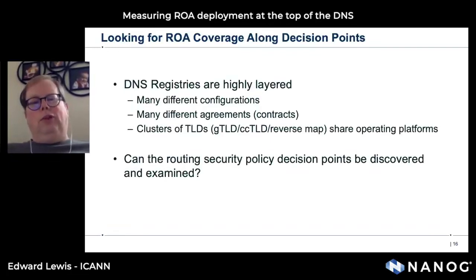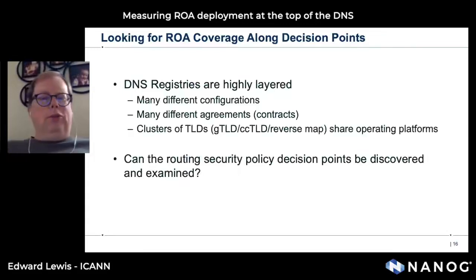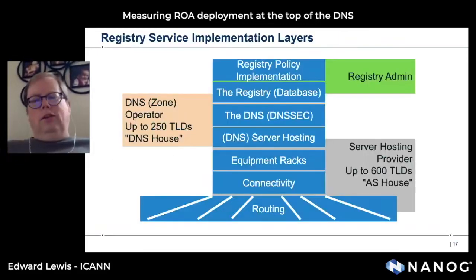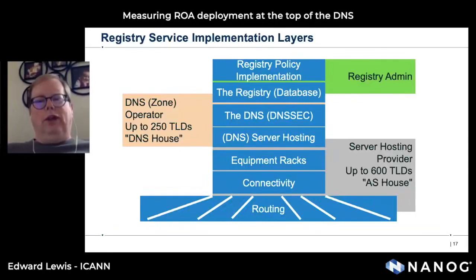We have different agreements out there, trying to find out where things are decided regarding the deployment of routing technology and who needs to be pleased to roll this out, or where the concerns come from, are all over the place. So taking a look at what I have understood to be the way things are put together, we have this stack. Up on top, registries have a policy, who's allowed to list their names in my dot whatever TLD out there.